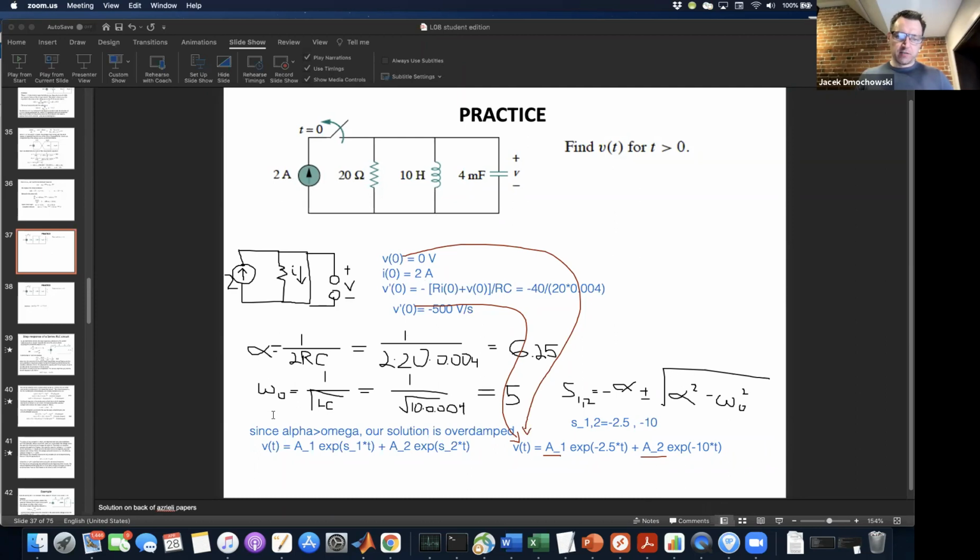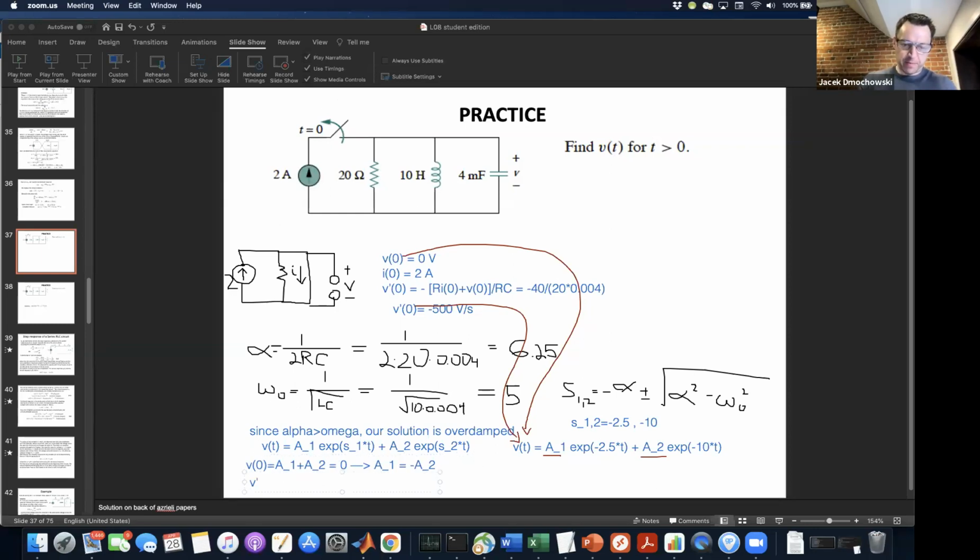So for example, V of 0 is equal to A1 plus A2, which has to equal 0, which means that A1 is equal to negative A2. Since the sum of two numbers has to equal 0, it means that the two numbers are just negatives of each other.